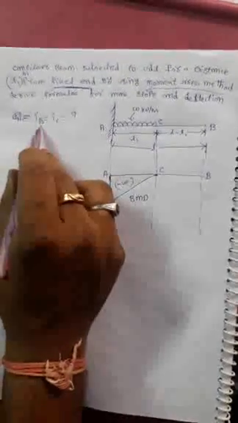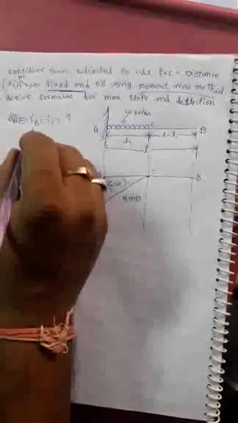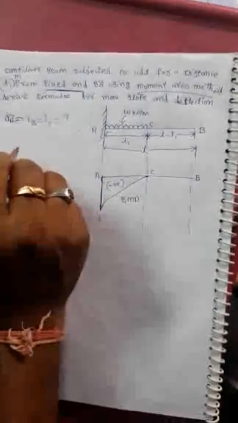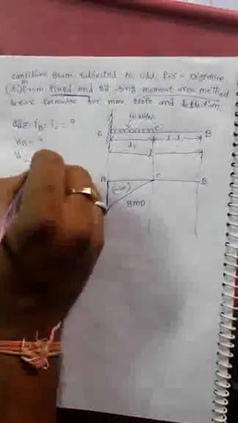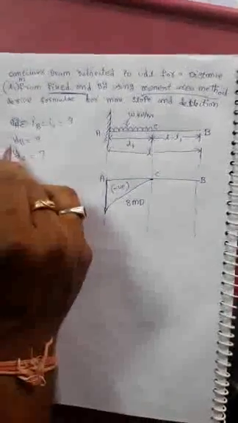That is, the free end yB equal to how much, and the center yC equal to how much. So y is the letter denoting deflection at B, and at C.